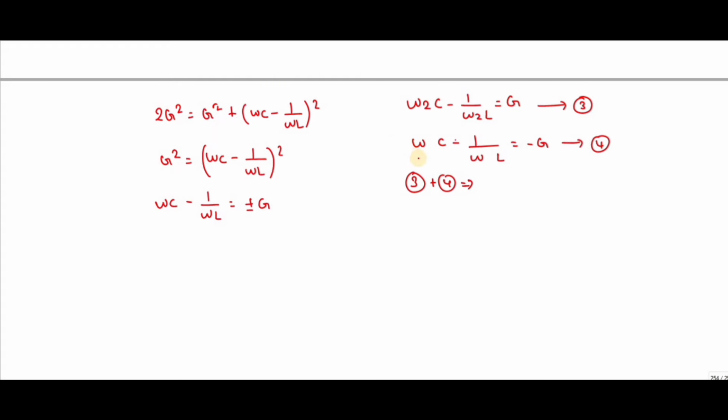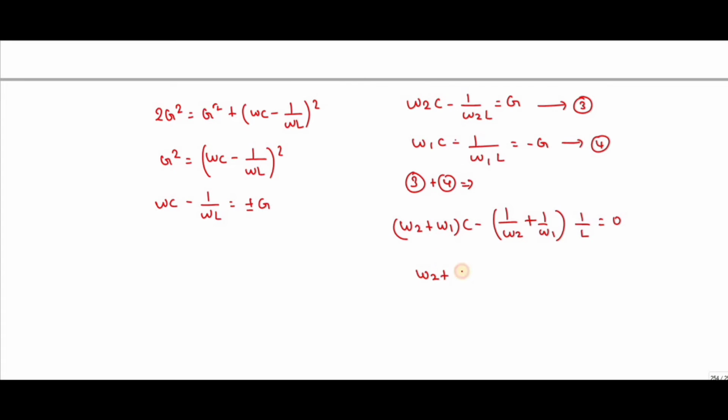If I add these two, 3 and 4, I will get omega 2 plus omega 1 times C minus 1 divided by omega 2 plus omega 1 divided by L is equal to 0.